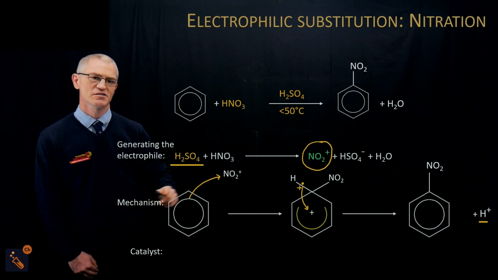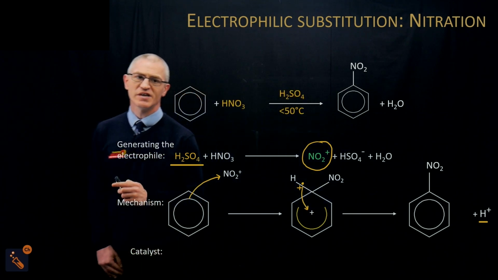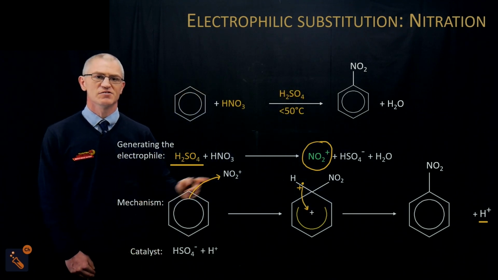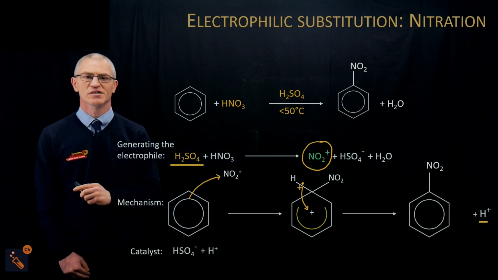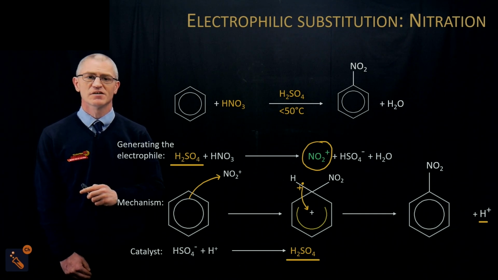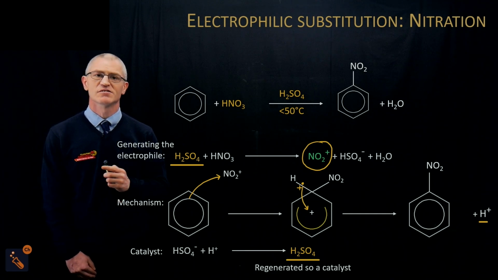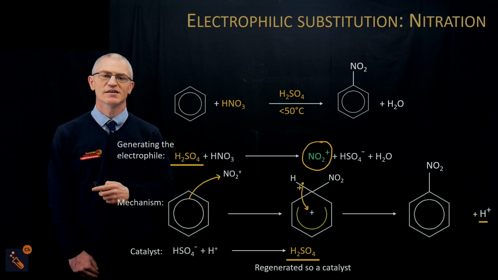We take the H+, which I've just highlighted over here, and we're going to react that with our HSO4-. So our HSO4- from here is going to react with our H+. That brings back your H2SO4, which means it is regenerated. So it's a catalyst. If something's used up and regenerated in a reaction, it's a catalyst.